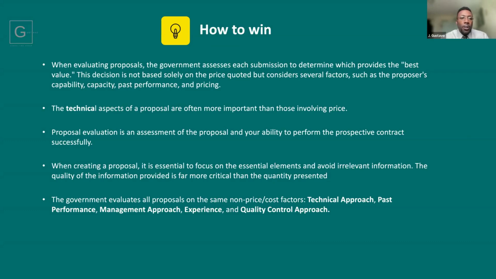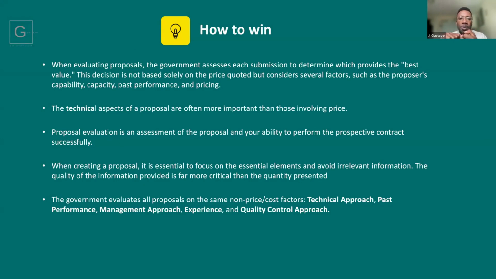So when evaluating proposals, the government assesses each submission to determine which provides the best value. This decision is not based solely on the price quoted, but also considers several factors, such as the proposer, that would be you in this case, your capability, your capacity, past performance, and your pricing, which is huge. I dove into that in a previous slide.